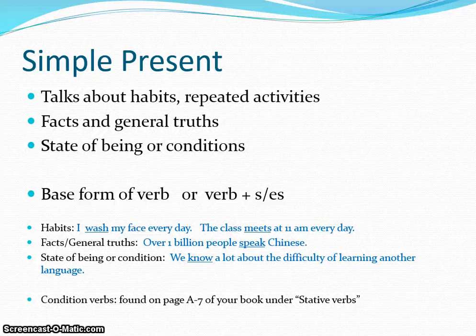So if I want to talk about a habit, I might say I wash my face every day, or the class meets at 11 a.m. every day. If I'm talking about a general truth or a fact, I might say over 1 billion people speak Chinese. If I'm talking about a condition or state of being, I might say we know a lot about the difficulty of learning another language.